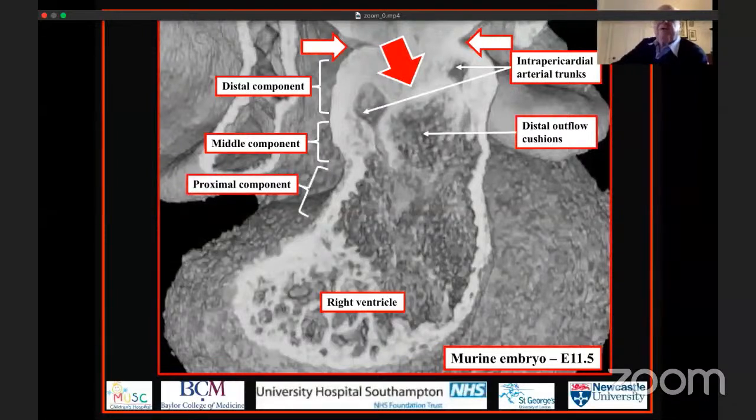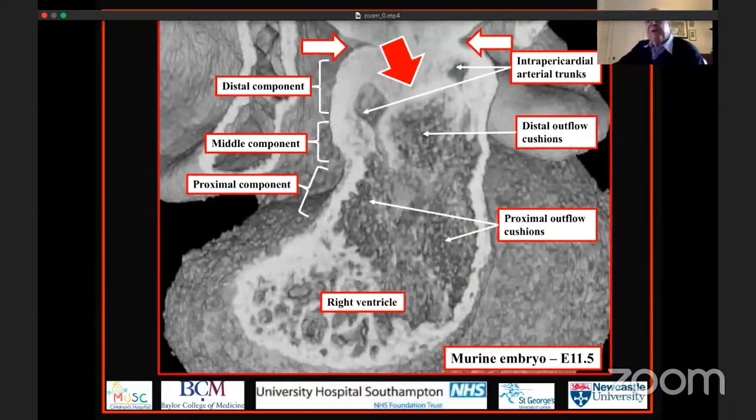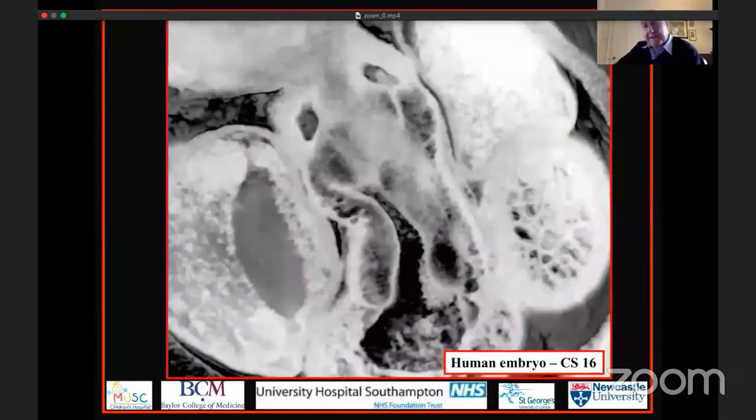The proximal outflow tract is then being separated by the proximal part of those cushions, and as yet, these proximal cushions have yet to fuse. They have fused in the middle component, and they are dividing now that middle component into the developing arterial roots. As I say, it is the same situation in the human heart as in the murine heart.